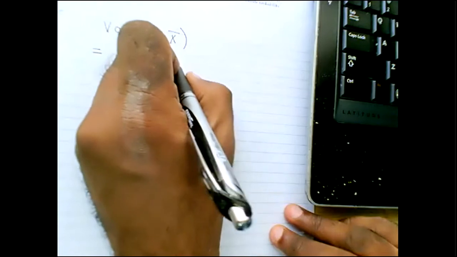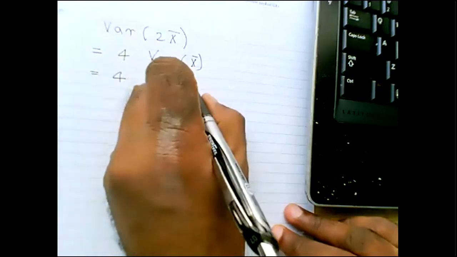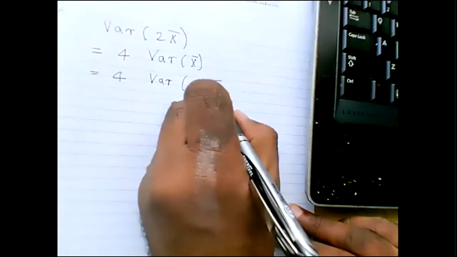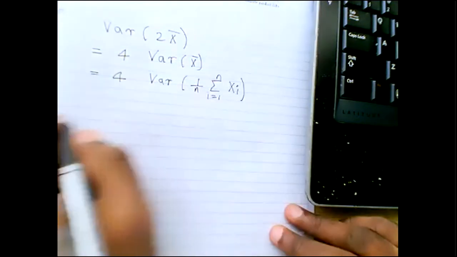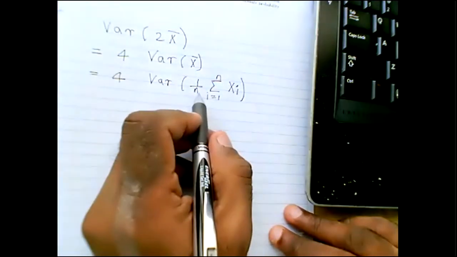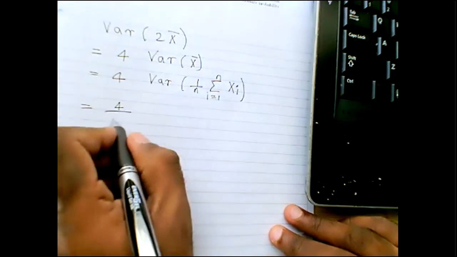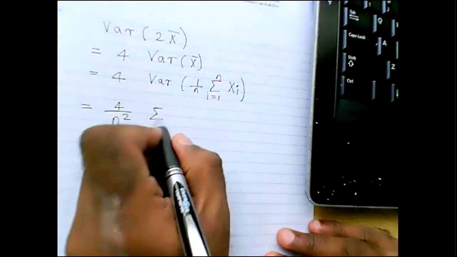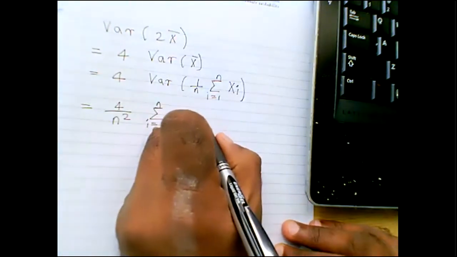So it's 4 times the variance of x bar. Now if you take the n outside the variance, it becomes n squared, times the sum of the variance of xi.